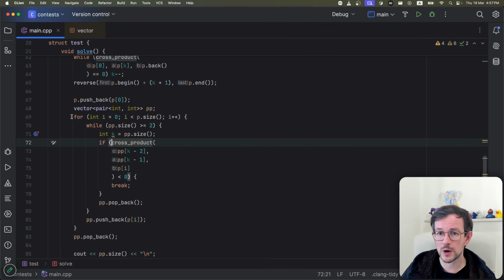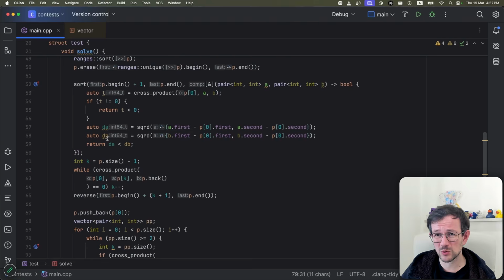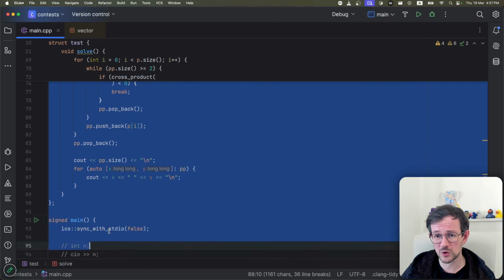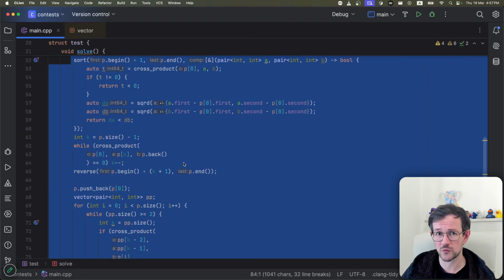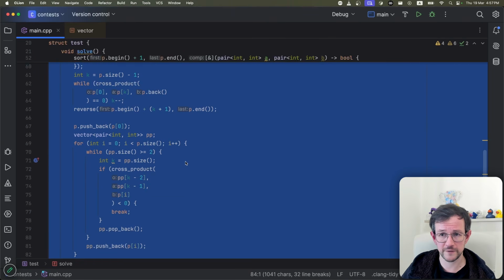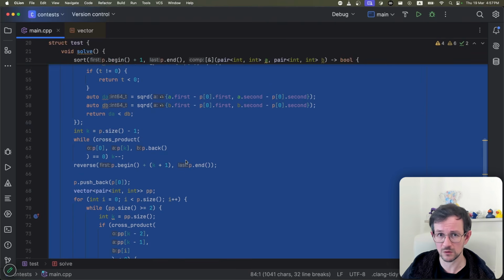So I walk along this line, and if I have at least 2 points and the cross product is different, I pop this from the stack. So starting from here to here, this part is just the normal Graham algorithm of finding convex hull. That's something you normally store in your library.